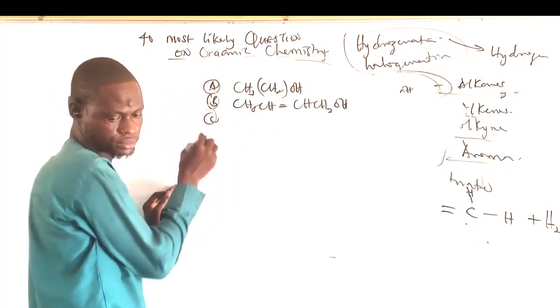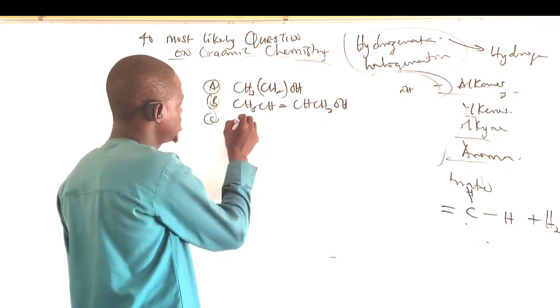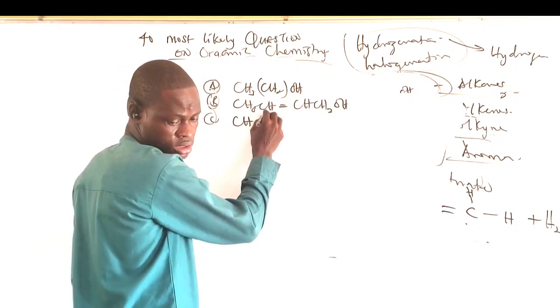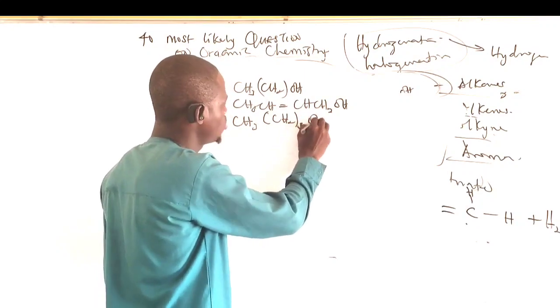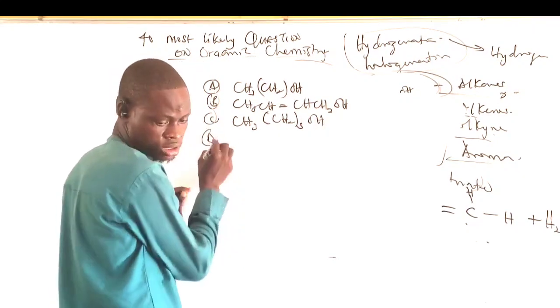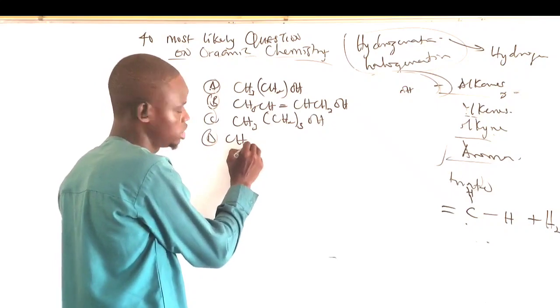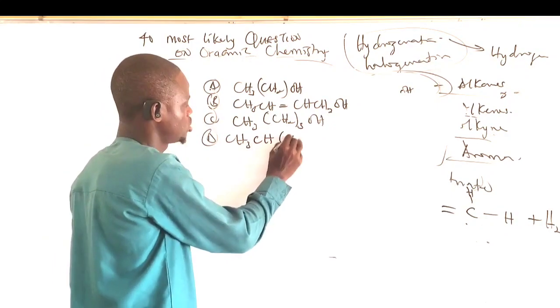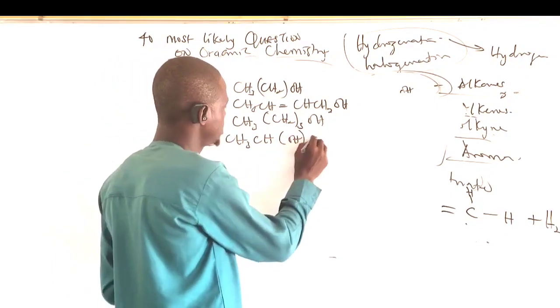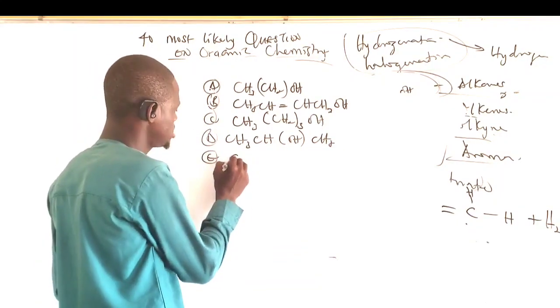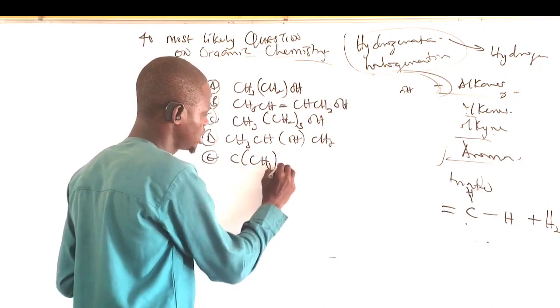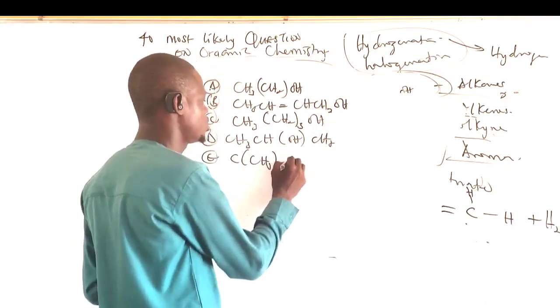Option C, CH3CH2CH2CH2OH. Option D, CH3CHOHCH3. Option E, C(CH3)3OH.